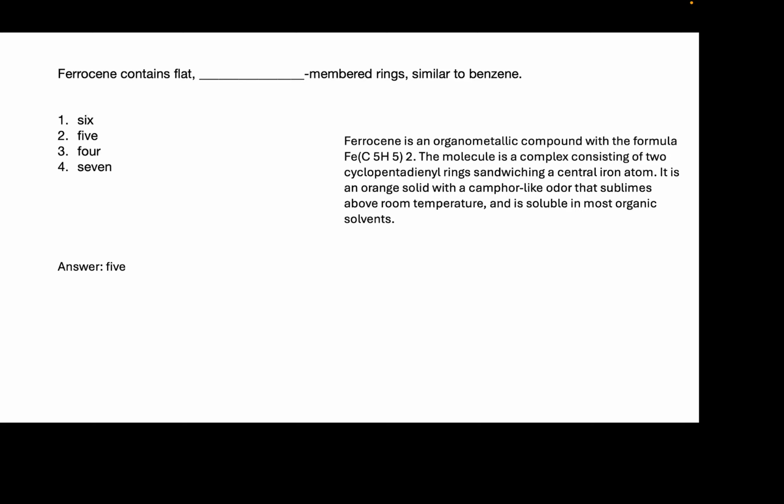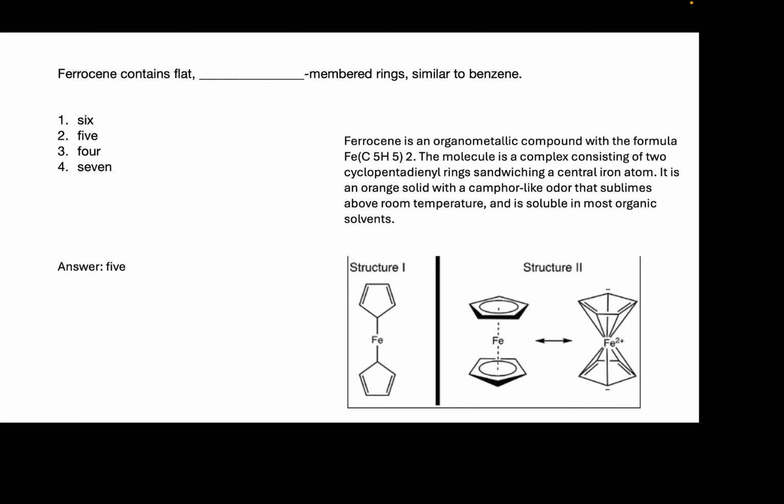The molecule is a complex consisting of two cyclopentadienyl rings sandwiching a central iron atom. It is an orange solid with a camphor-like odor that sublimes above room temperature and is soluble in most organic solvents. So this is how it looks. It's a little bit different kind of structure from what you might have seen till now.